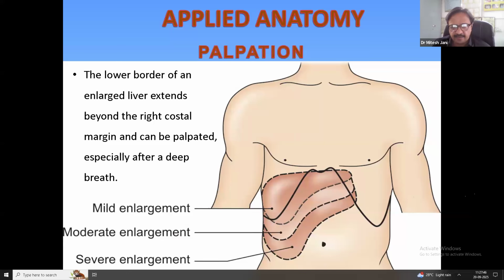With deep breathing, then we can palpate the liver. Here are the three features: mild enlargement, moderate enlargement, and severe enlargement. In different pathological conditions the liver is palpated because of the different categories of enlargement, that is mild, moderate, and severe.